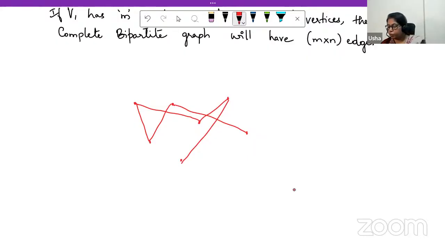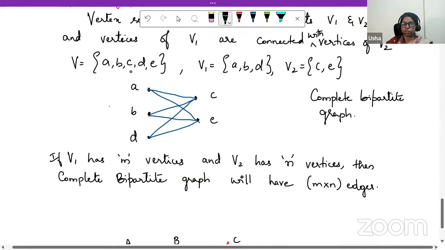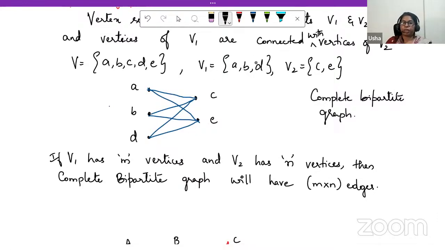Something like this, if they give you a graph with vertices up to F, G, and ask you to find whether it is a bipartite graph or not. Then this is the rule for a bipartite graph. There is one main vertex set and you will have two subsets V1 and V2. Among the vertices of V1, there won't be any edges. Within vertices of V2, there won't be any edges.